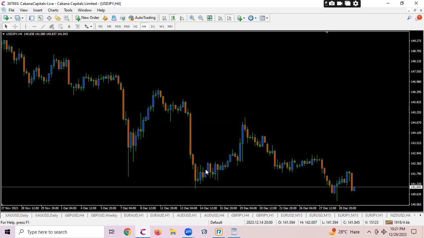There are days that the market is volatile, and there are days there's less volatility in the market. So you should focus more on the days that the market is more volatile, to make money easily in such a market. But when there's no volatility in the market, you keep recording losses.